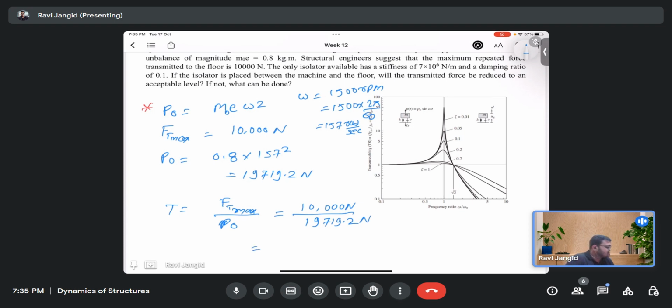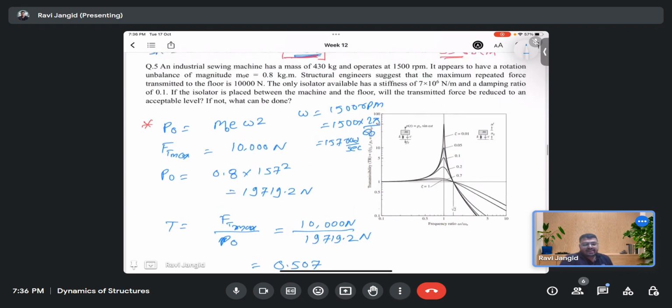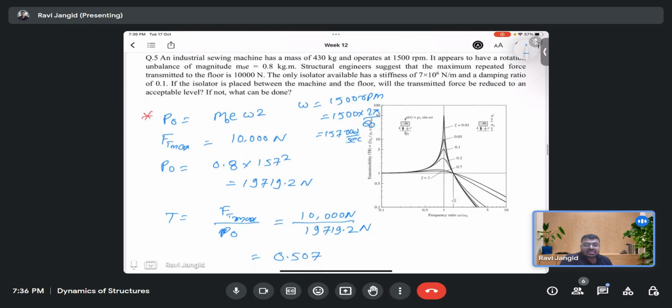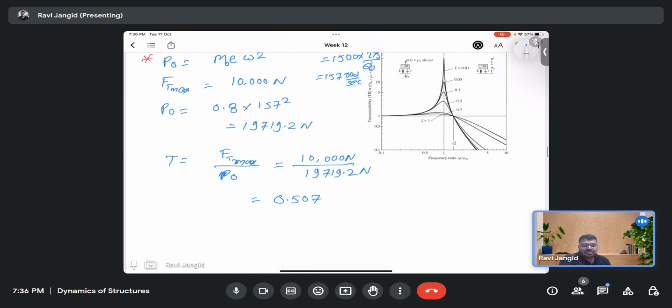If you calculate this, it comes out to be nearly 0.5. So this is the transmissibility.